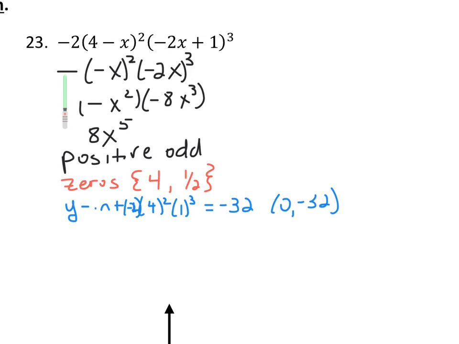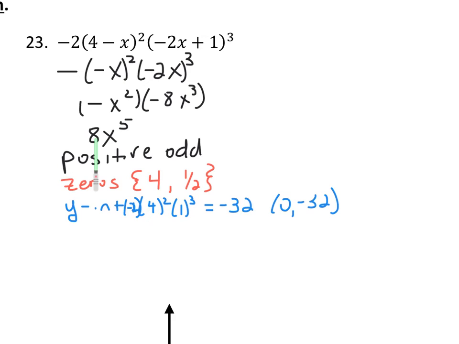But it's being multiplied by this negative, so that's where this negative comes in. So negative x squared times, and then a negative 2 cubed is negative 8, and then x cubed is x cubed. So we have a negative x squared times a negative 8x cubed, which gives us a positive 8x to the fifth. So this graph actually ends up being a positive, odd polynomial.